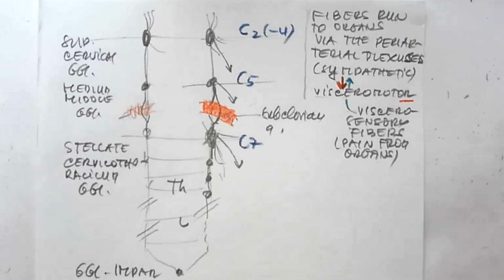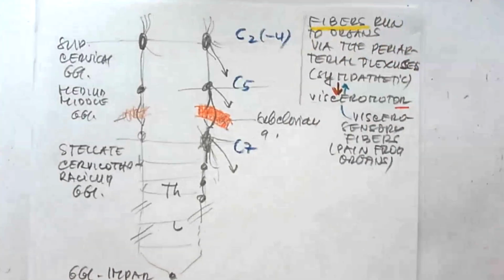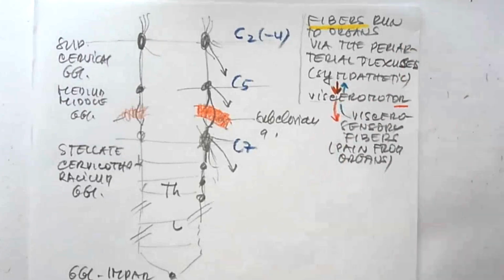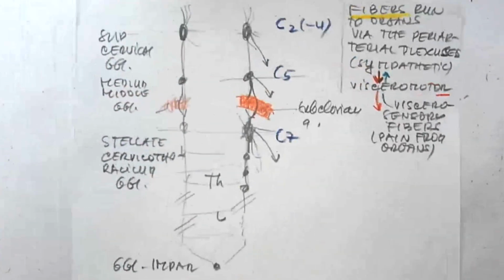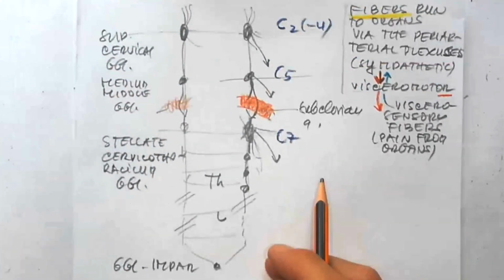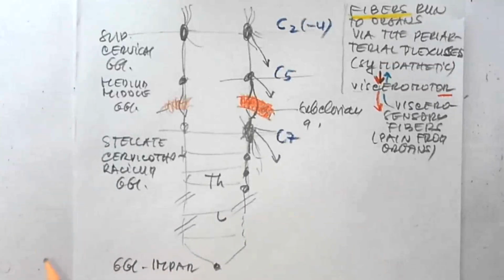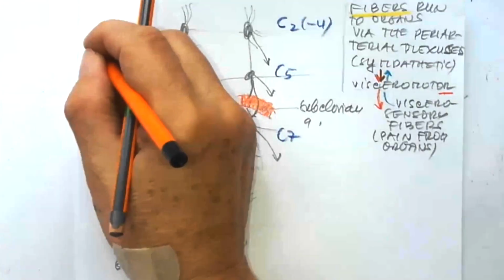This is the rule. So the fibers, that's very important, run in both directions. Together with this motor run also sensory. So you see, they must run in both directions. Then concerning the ganglia, very quickly, we don't need any long description.